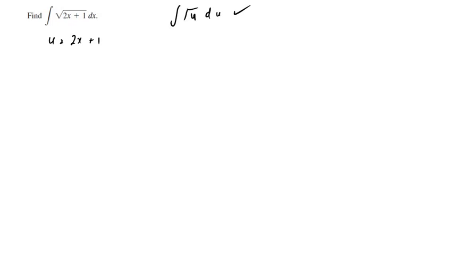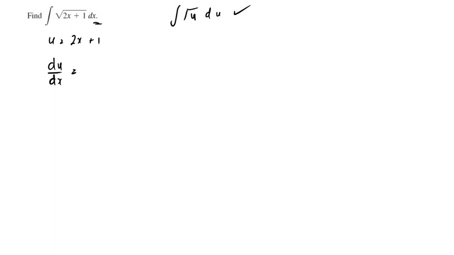That's the purpose of substitution. But we do have a dx we have to get rid of. So we will differentiate, du over dx, so that we could find a function to substitute for dx.